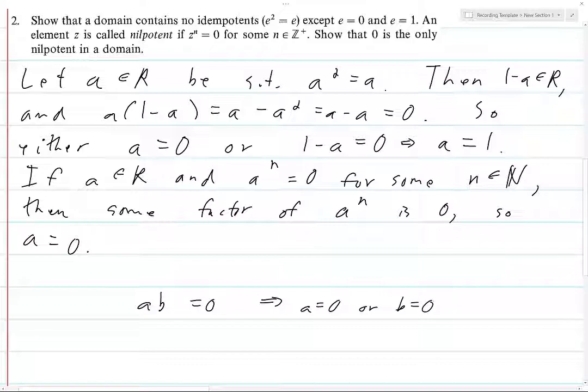That easily extends to A1 through AN equals 0 implies A1 equals 0 or ... or AN equals 0. One of these equals 0. It's just a simple induction argument that you could do there. And yeah, you just do it for A to the n, then one of the factors, oh, but they're all the same, it's all A. So there we go. This completes the proof.